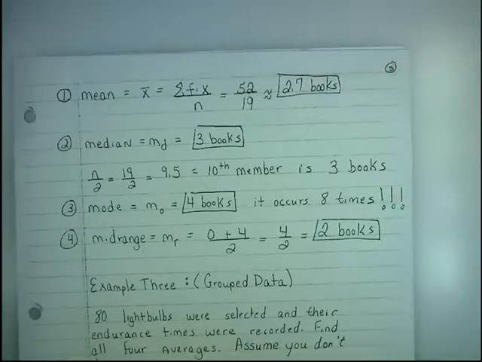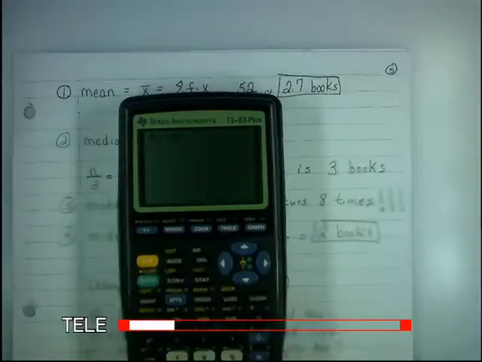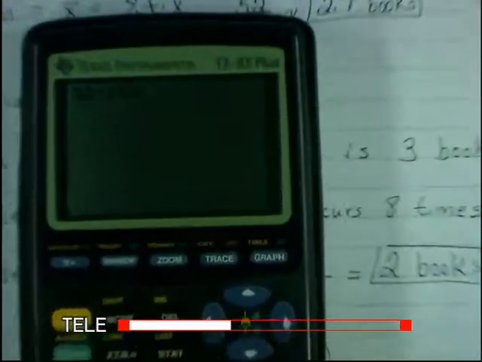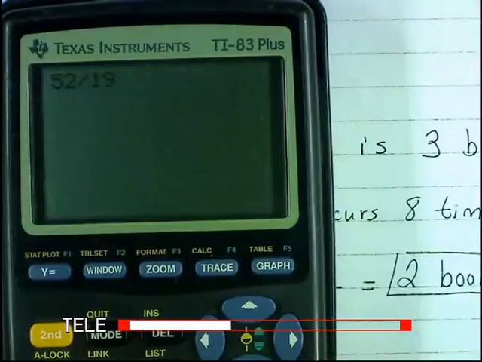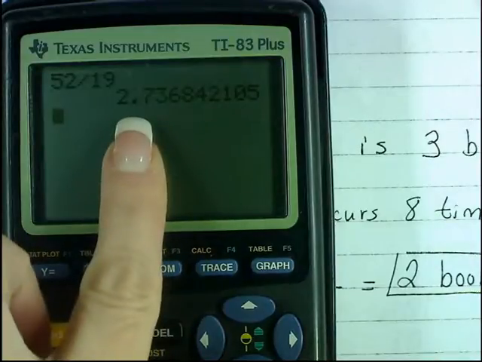Now, if you can see this, rounding is necessary, and I will show you on the calculator. 52 divided by 19 is equal to 2.736. Remember the rounding rule. If your raw data values or your X column happen to be whole, you will go 1 additional decimal place. So correctly rounded, it should be 2.7 textbooks.